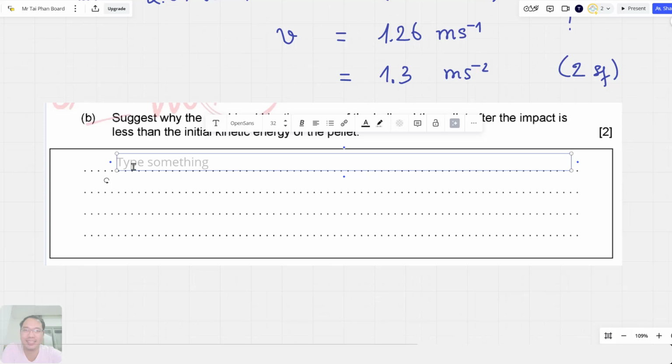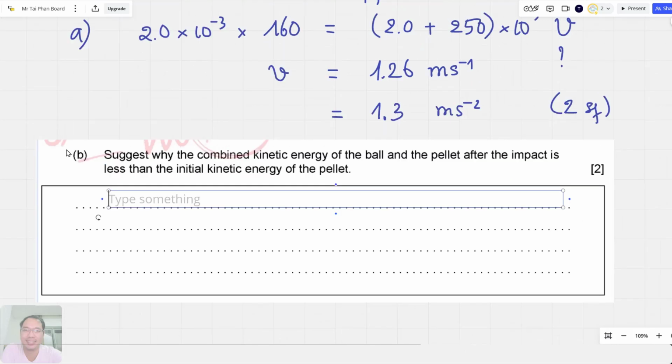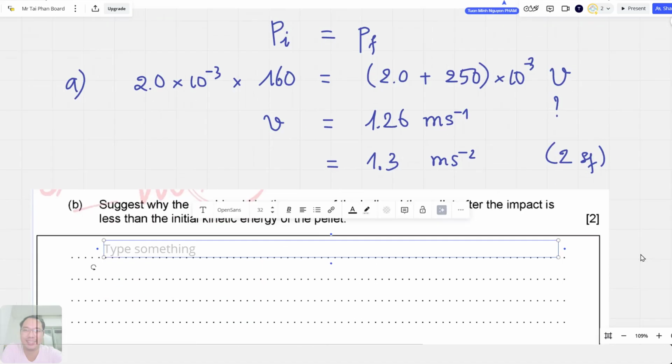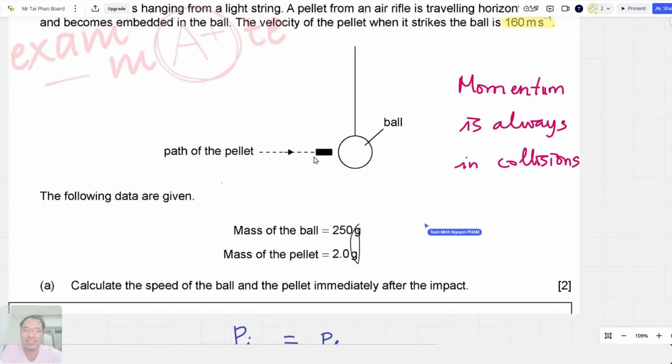The transfer occurs because of the intermolecular forces: the molecules in the ball interact with the pellet to stop it, to slow down the pellet and deform. The ball gets deformed and the pellet penetrates the ball. The pellet sticks into the ball and makes the ball deformed, and of course that deformation transfers kinetic energy into thermal energy. And the pellet will also heat up.